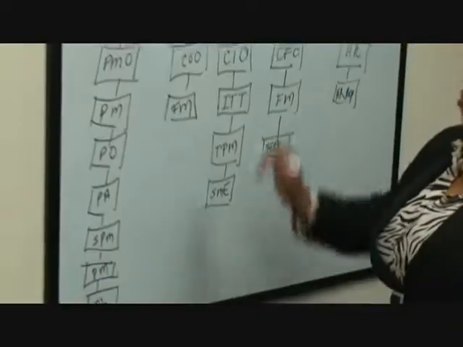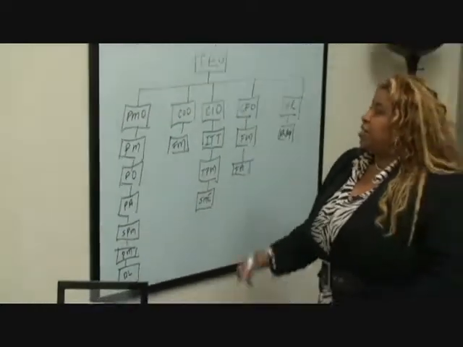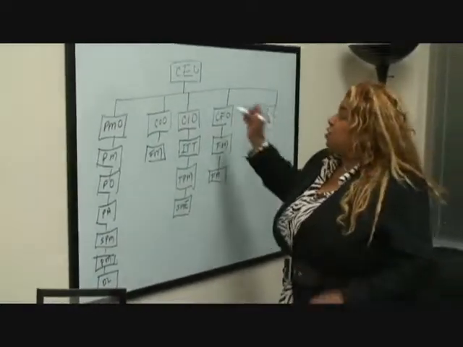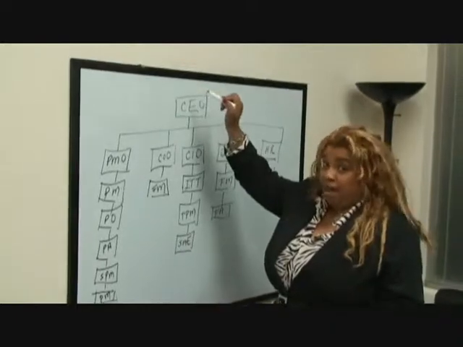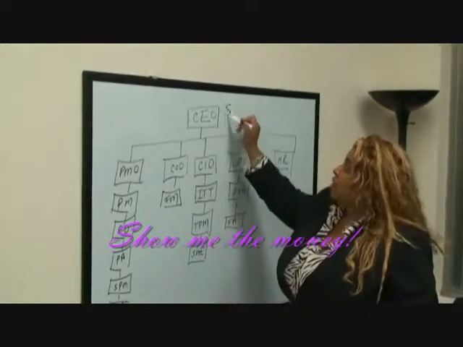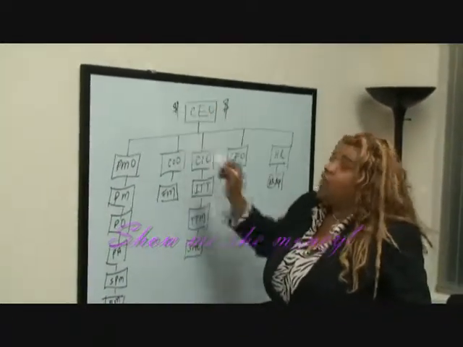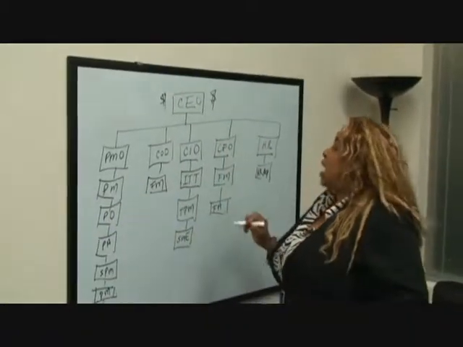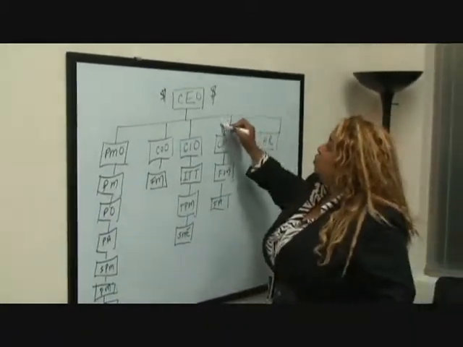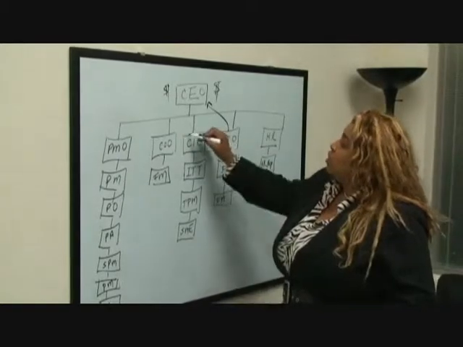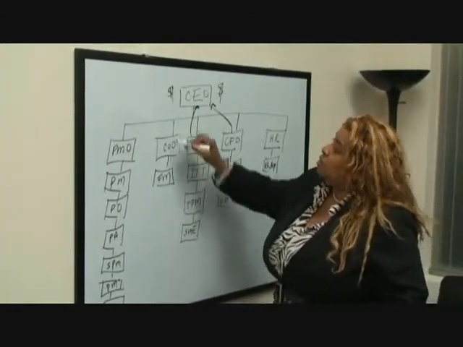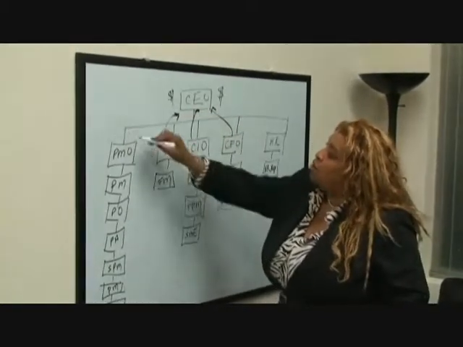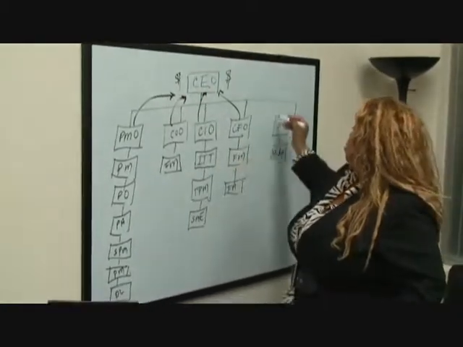The PMO organization is very large. So the key thing is ensuring that this guy or gal has what they need. Here's all the money. That particular CEO needs to know what's happening. Now, financials are rolling up from the CFO, from the CIO, from the COO, from the PMO.